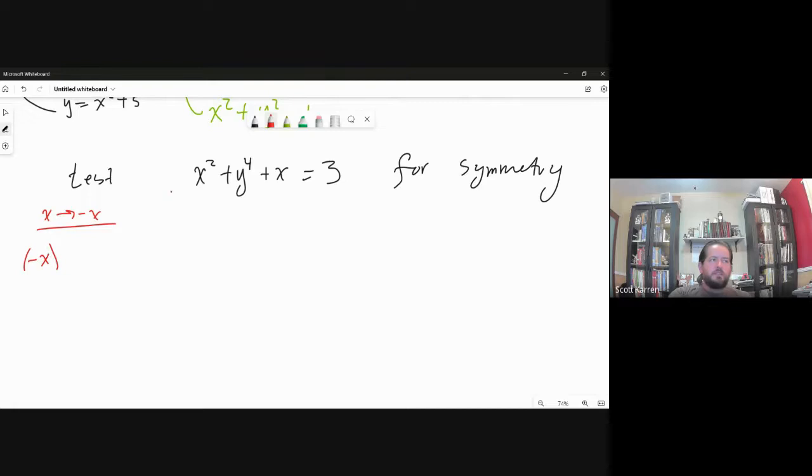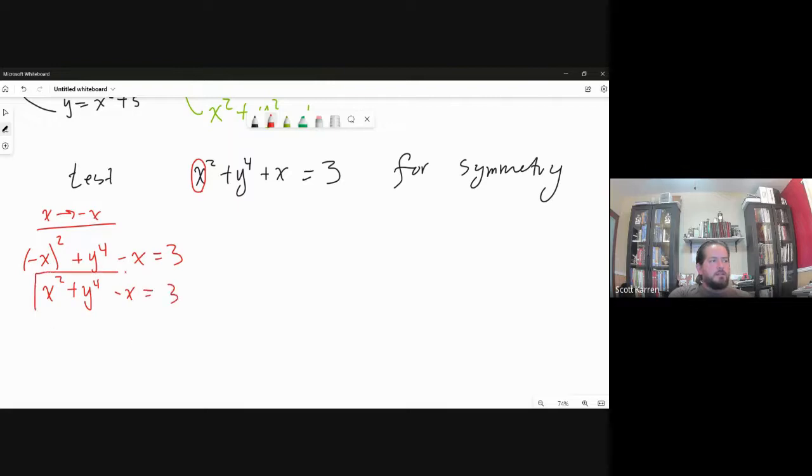And remember, when you replace the x here with the negative x, it has to go in parentheses because that whole thing needs to get squared. Plus y to the 4th plus x. Well, if I'm replacing it with minus x, it's now minus x equals 3. And this negative x squared will simplify down to x squared, but that's all I can do.